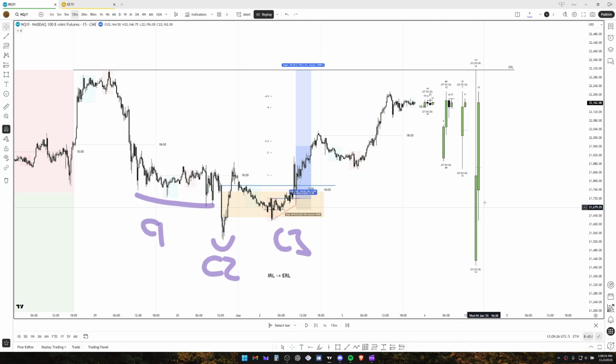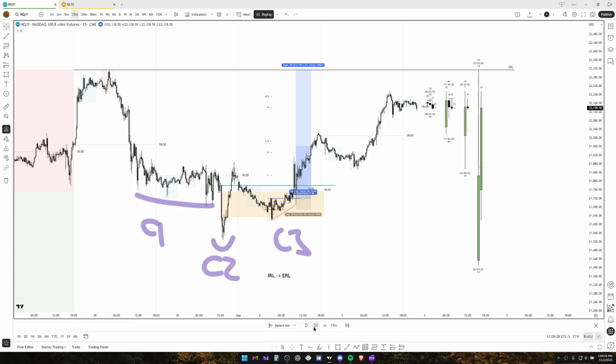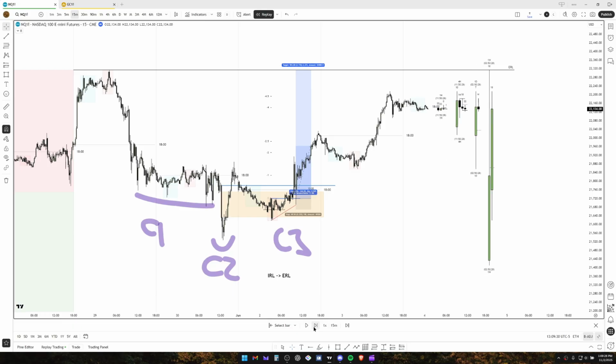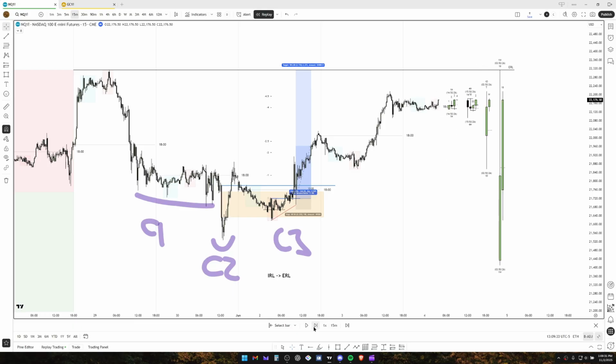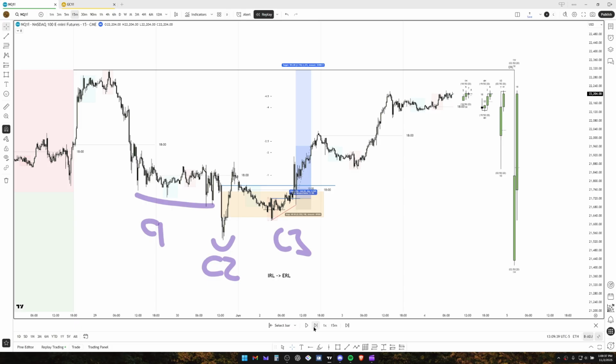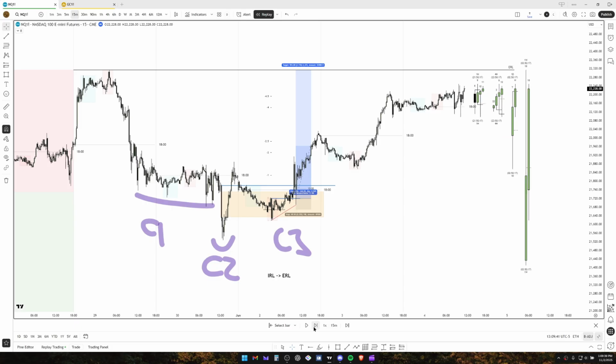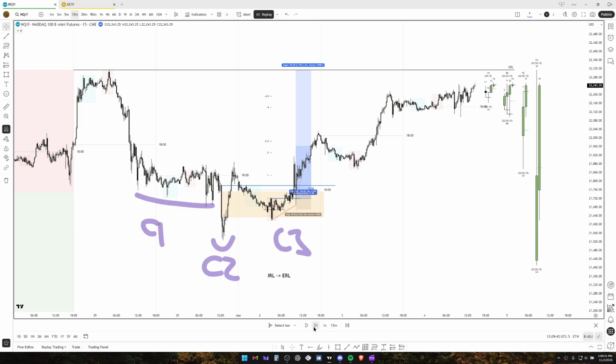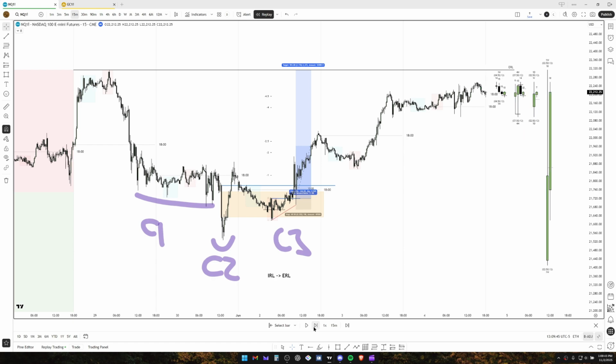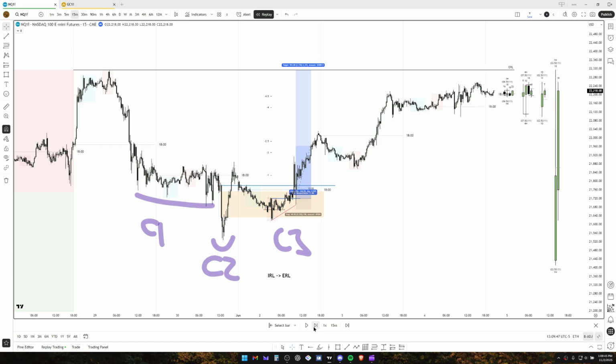Look at the weekly candle. What day is it? This is Wednesday. Do we reach it this week? This is Thursday now.